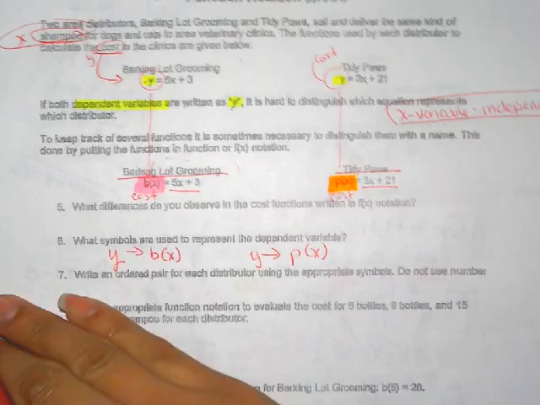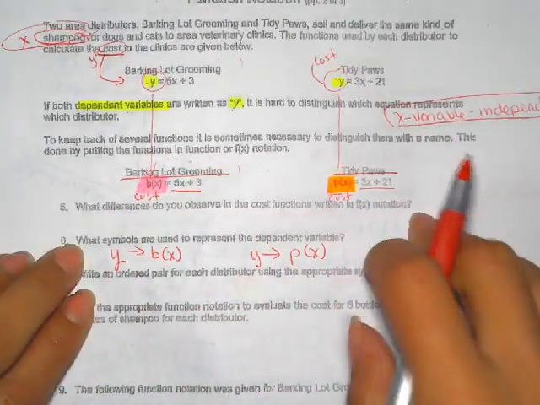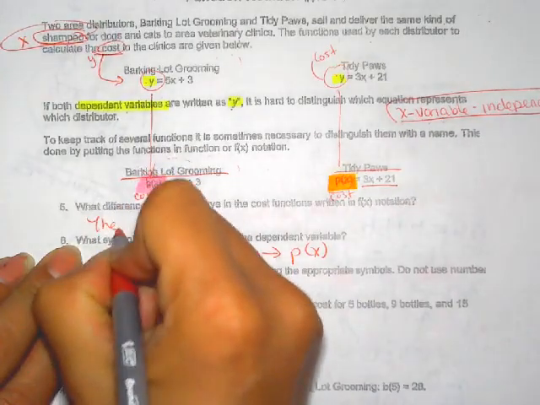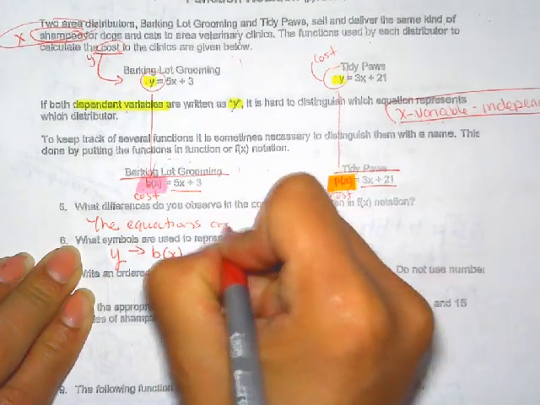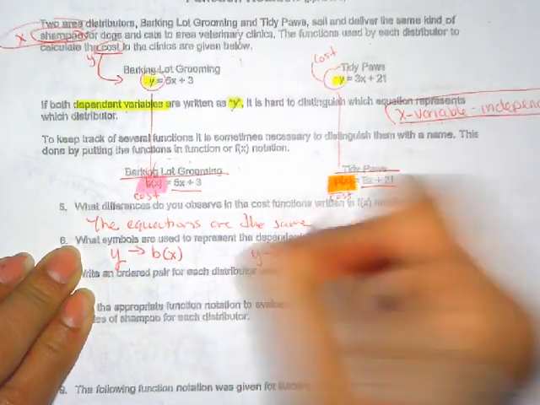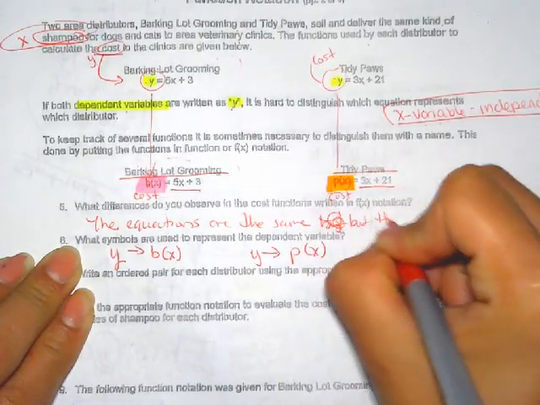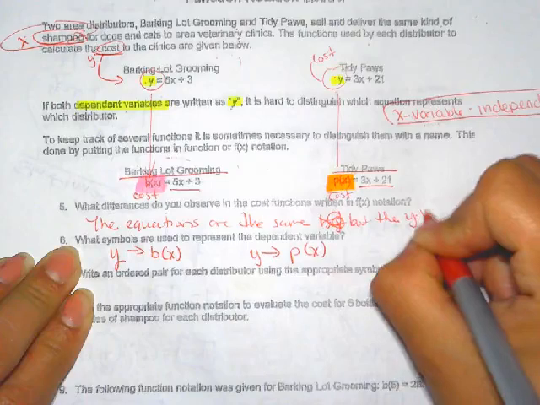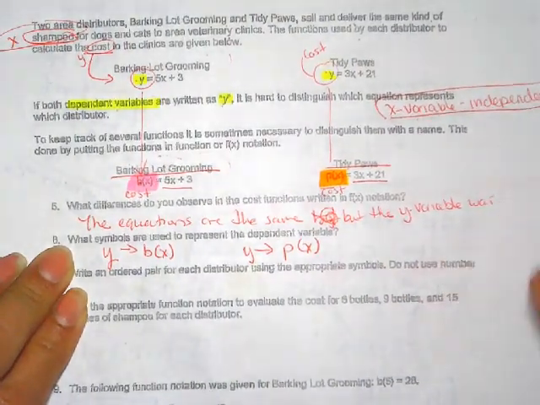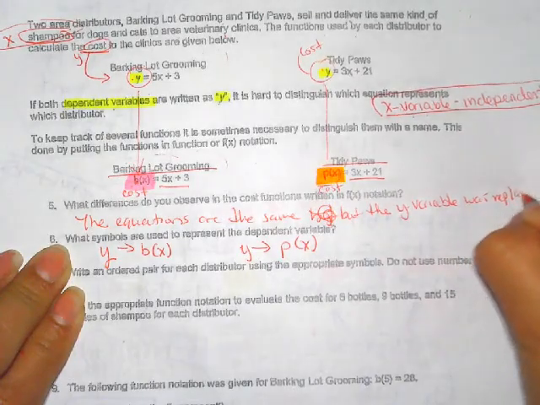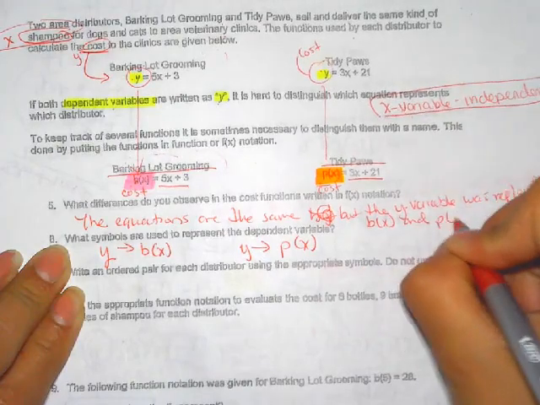All right, number 5. What difference do you observe in the cost function written in f of x notation? So the equations are the same, but the y variable was replaced by bx and px, right?